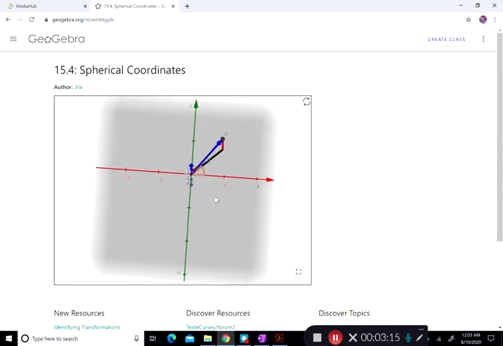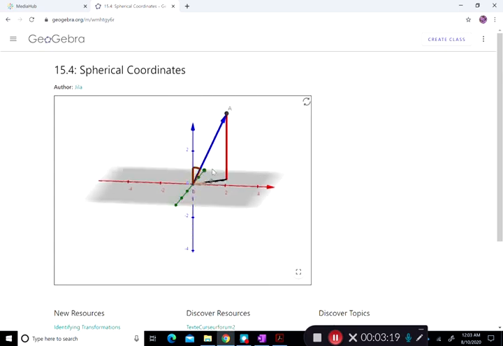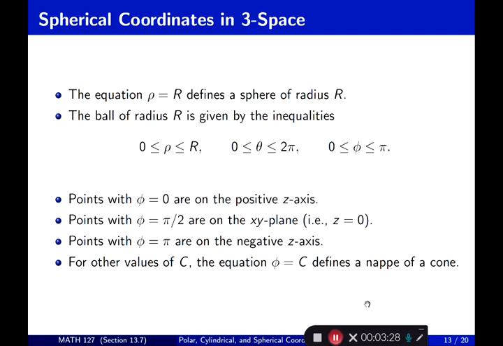And the little r is the reflection of rho on the xy plane. And that's something nice to consider. So let's do a few examples of obvious objects in spherical coordinates.